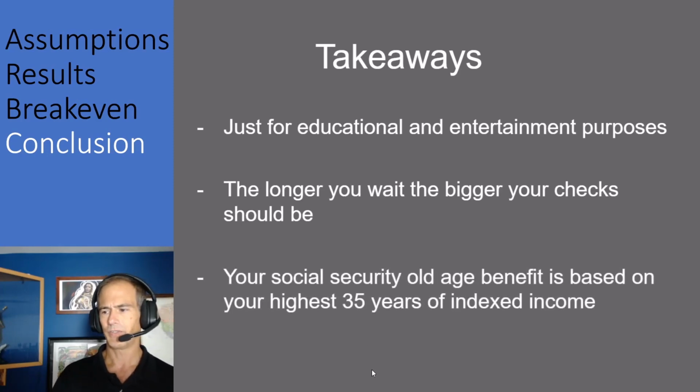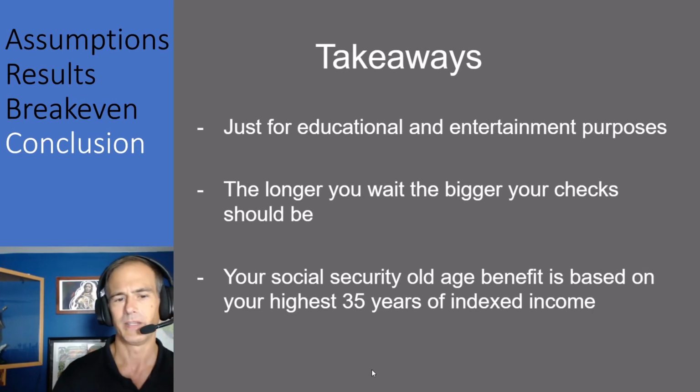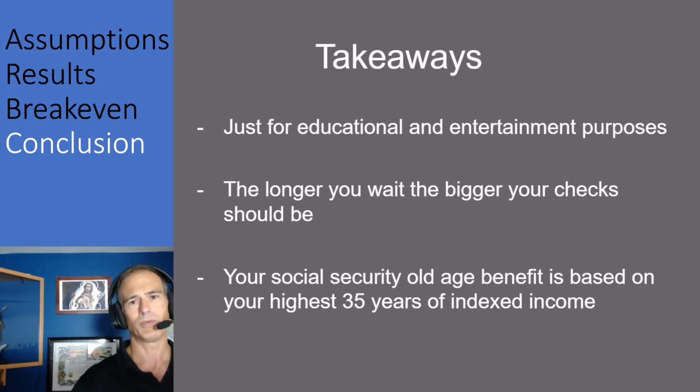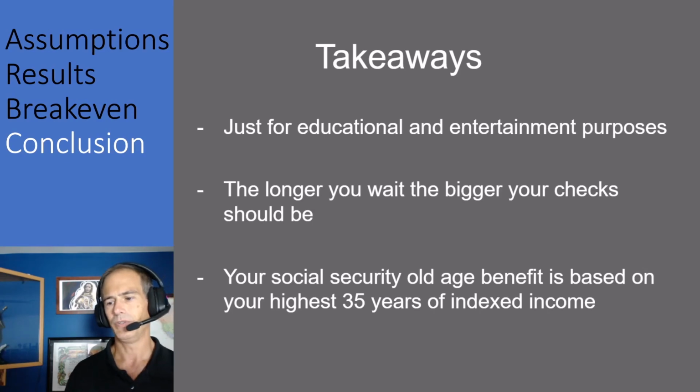And last, your Social Security benefit is based on your highest 35 years of indexed income. So if you qualify for Social Security, but you've only worked for 20 years, you only have 20 years of income, it's going to average in 15 years of zero income, which will bring your total payments down, obviously.